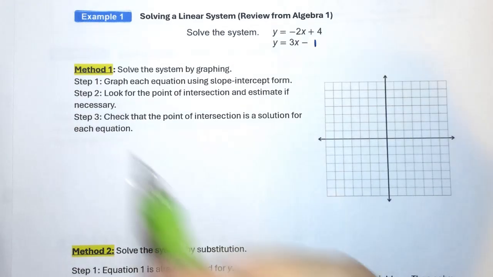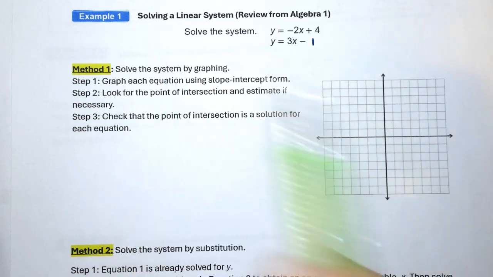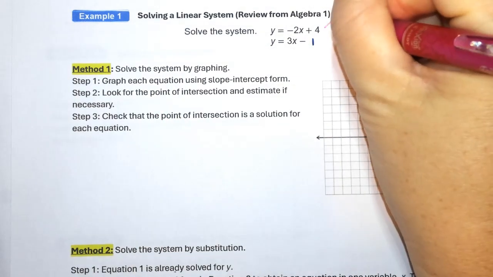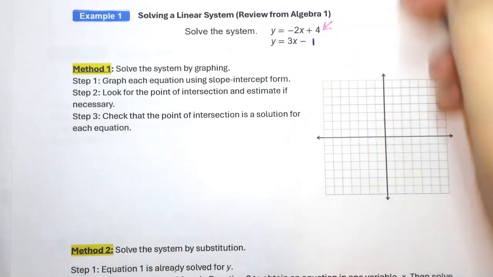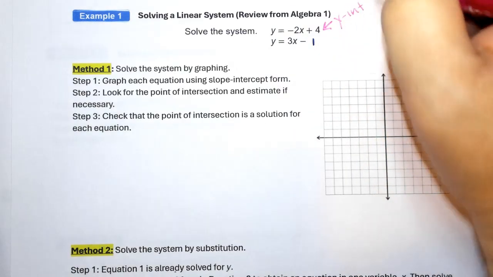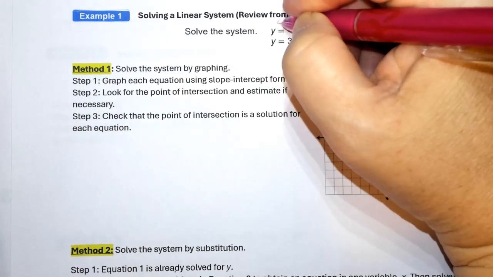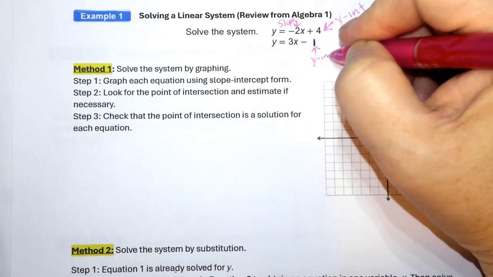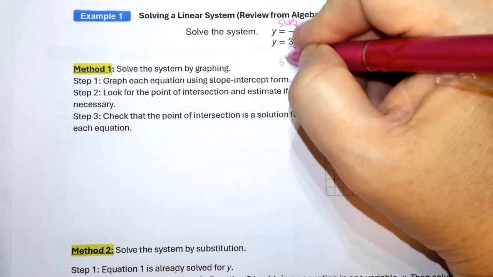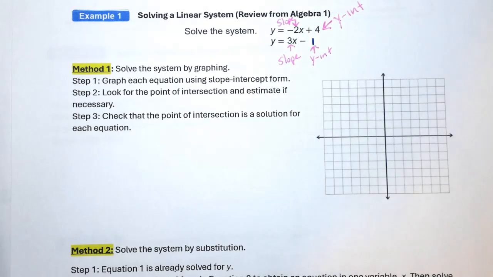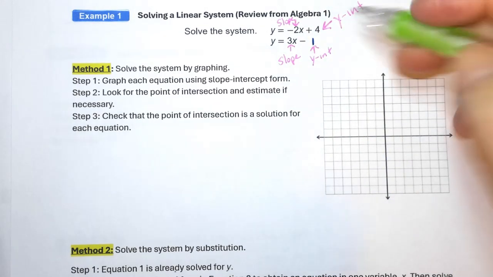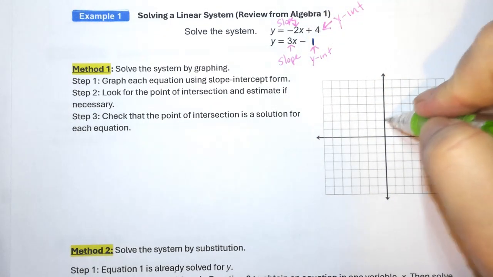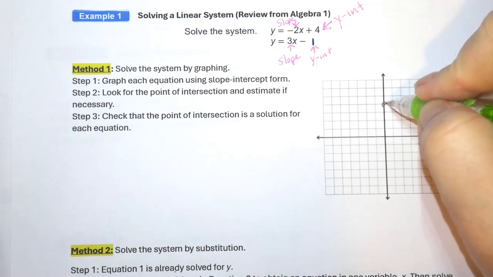Okay, so first thing we're going to do is solve by graphing. Remember that when we graph, the b value is your y-intercept, and this is your slope. Same thing with this one: y-intercept, slope. We're going to start off with graphing our y-intercept. So we have positive 4. So we got 1, 2, 3, 4.